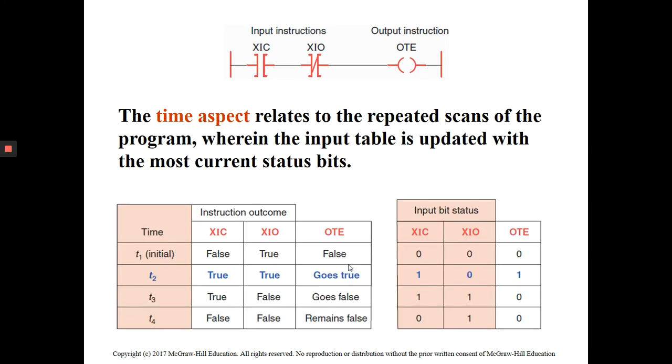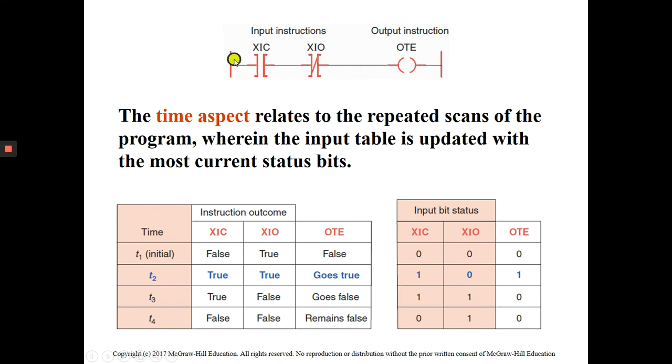Sometimes there is a time delay between the situation converting from true to false and from false to true. As we can see in this table, the time aspect relates to the repeated scans, because when we have a ladder logic program, the scan will be repeated.